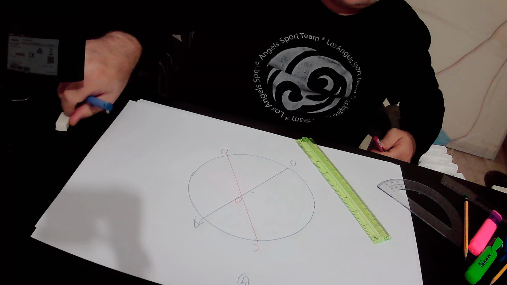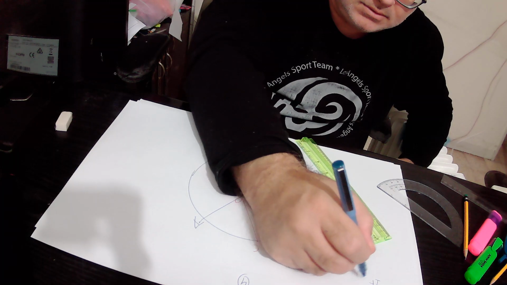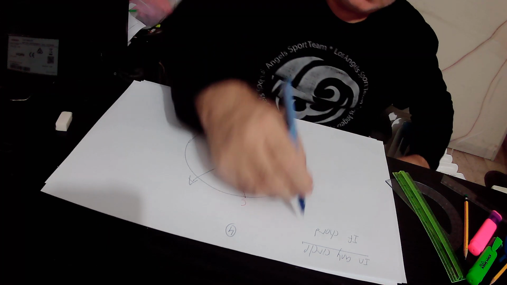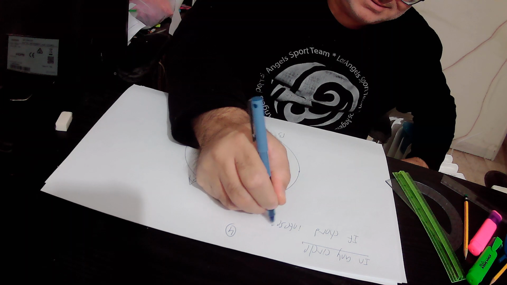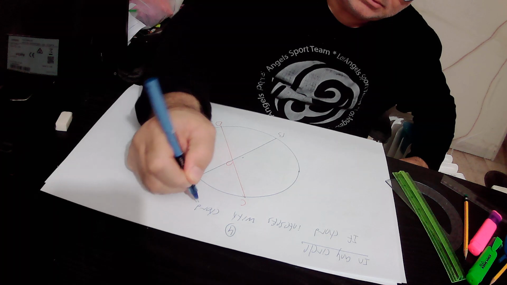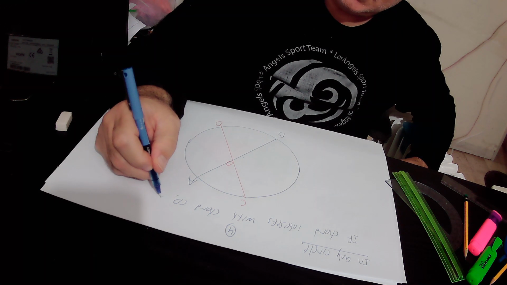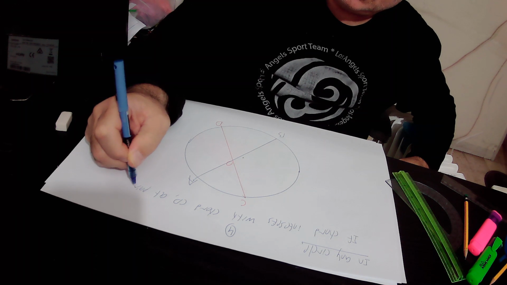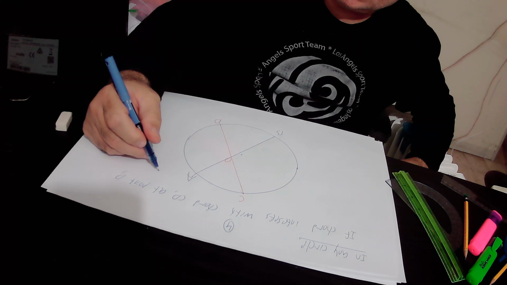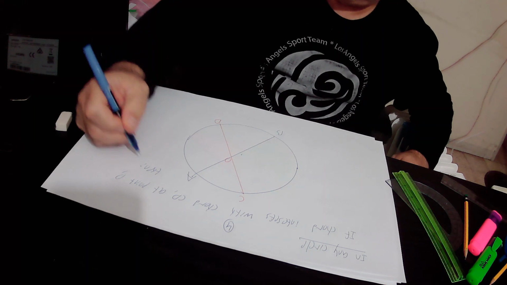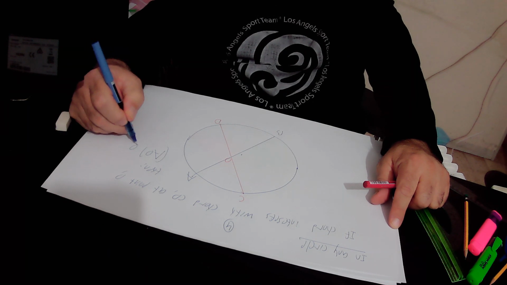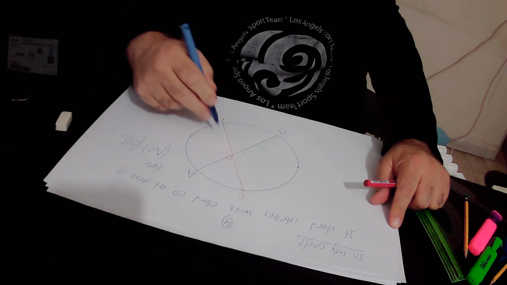If chord AB intersects with chord CD at point O, point O is the intersection point between the two chords, then the following equation is true: AO times OB equals CO times OD.